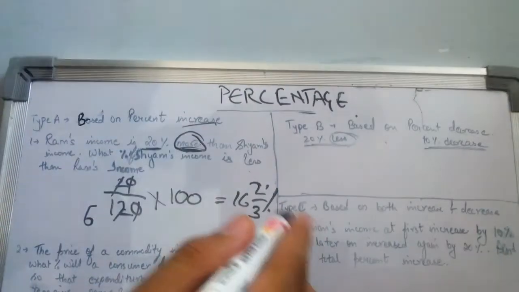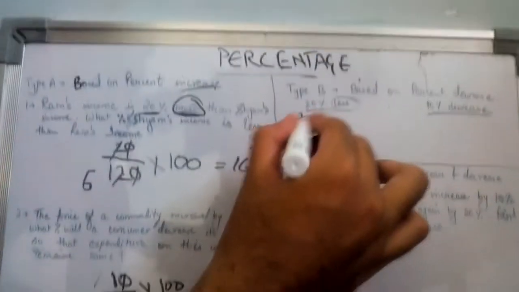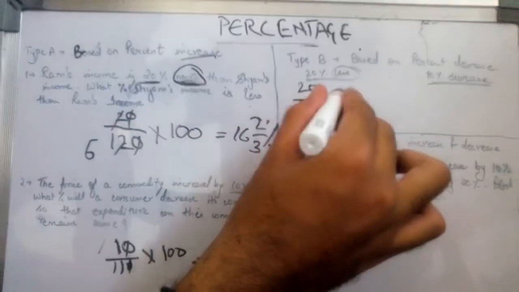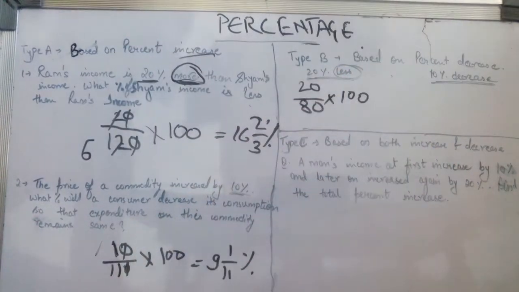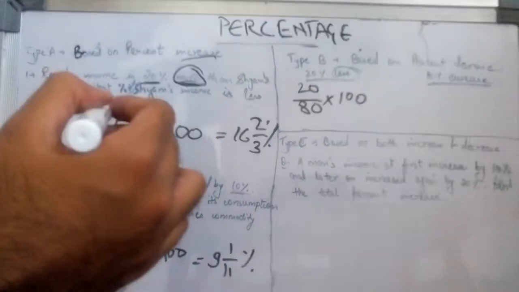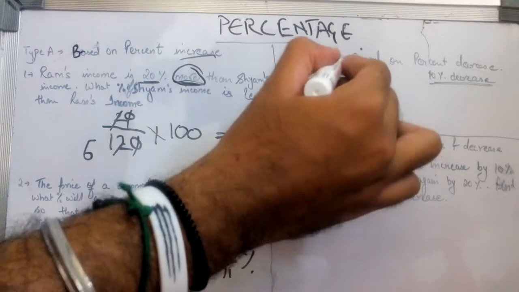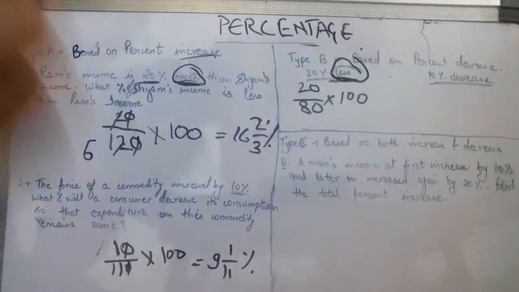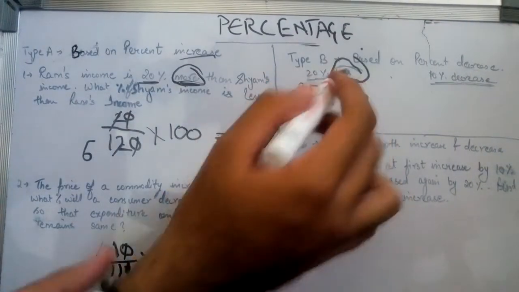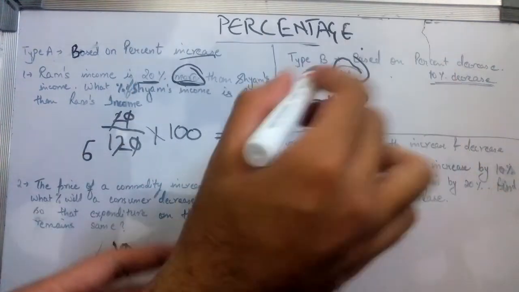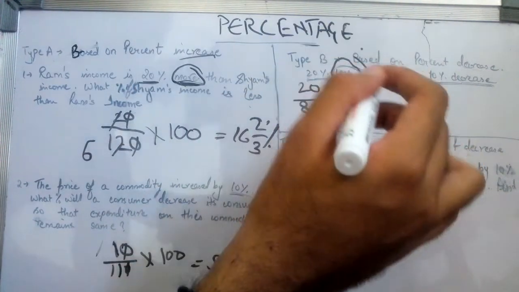The trick for this kind of question is 20 upon 80 into 100. The thing which needs to be focused on is this word less. So 20 upon 80, because 100 minus 20 is equal to 80.